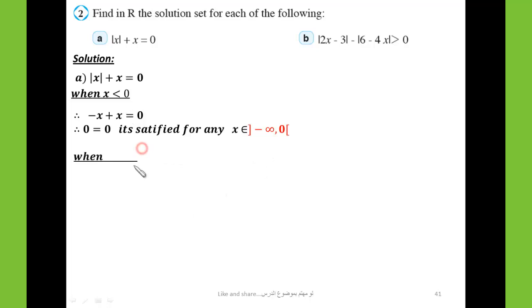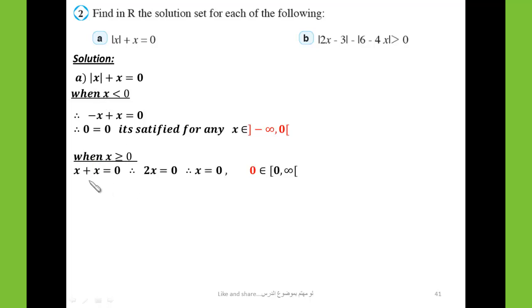Now we check for x greater than or equal to 0, because absolute of x equals negative x when x is less than 0, and the absolute of x equals the positive x when x is greater than or equal to 0, and we substitute absolute of x with x.